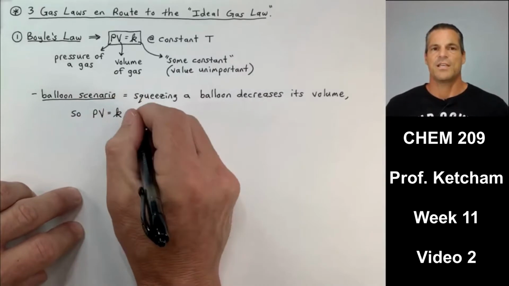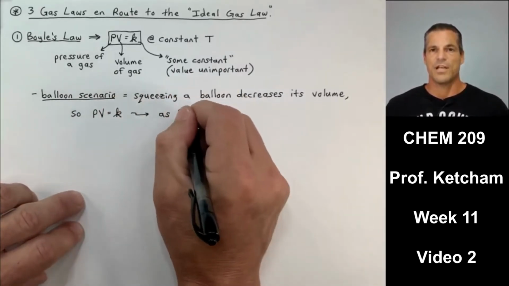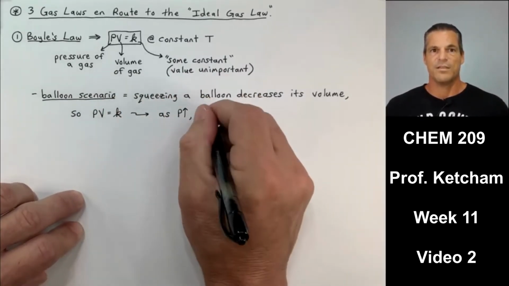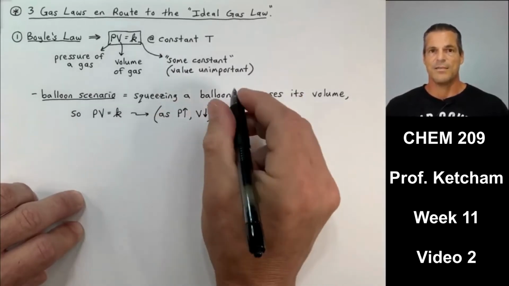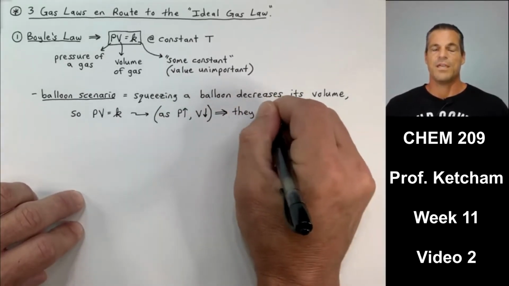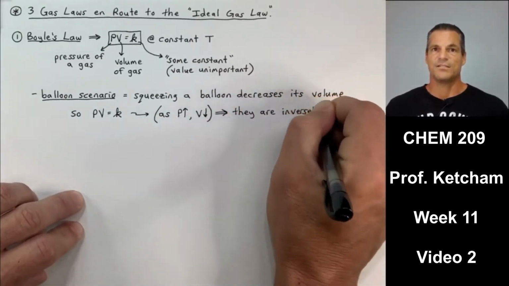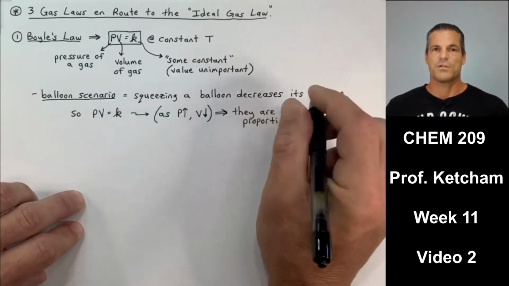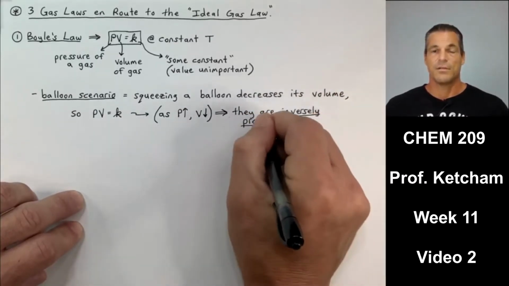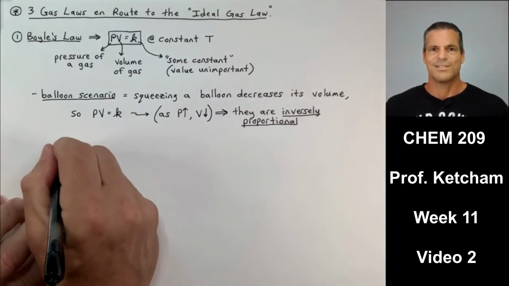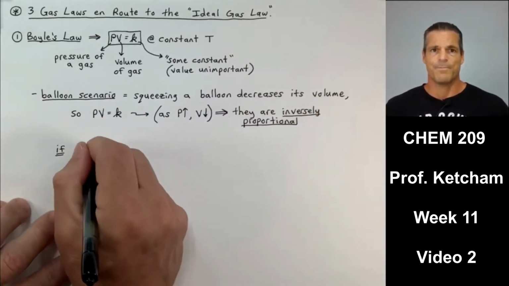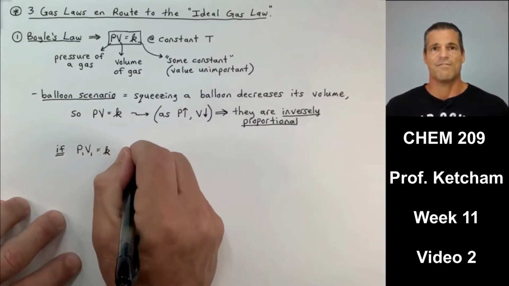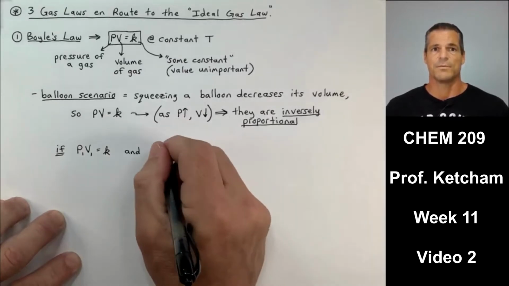So if pressure times volume, or PV, equals some constant K, well, if P increases, V decreases. If pressure goes up, the volume goes down, and vice versa, of course. So P and V are inversely proportional.